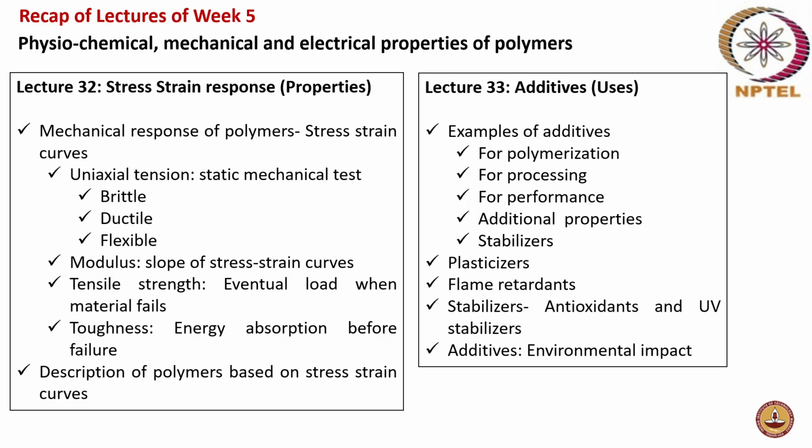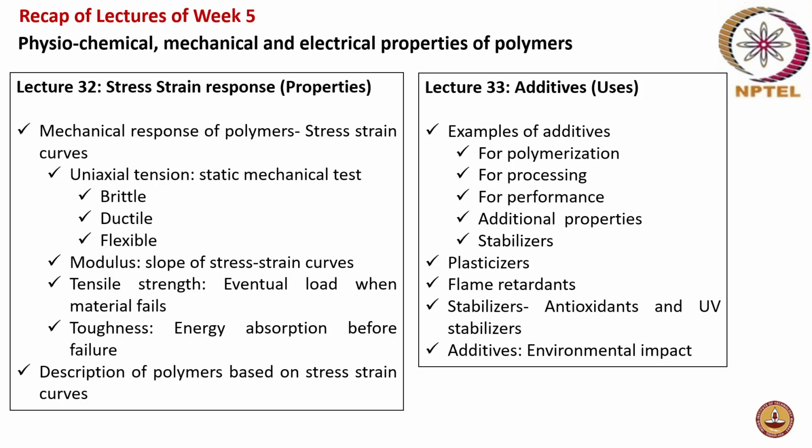And then lecture 33 was on additives. A lot of additives, like additives for polymerization, like initiators, right? Catalyst, and for processing, like foaming agent, plasticizer, and for performance improvement. And then additional properties, like something that gives a flame retardant property, or something that gives color, right?